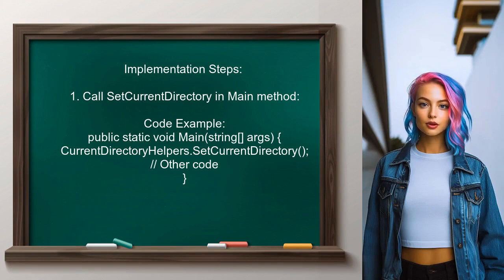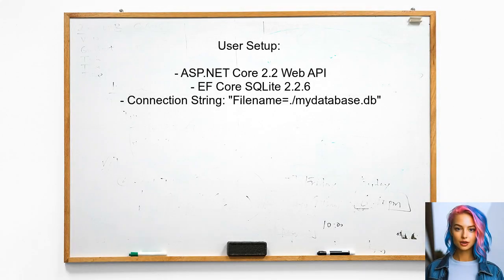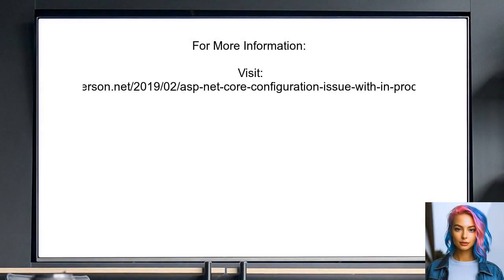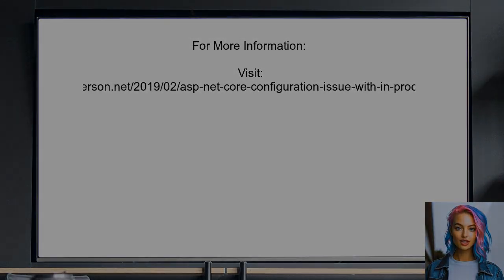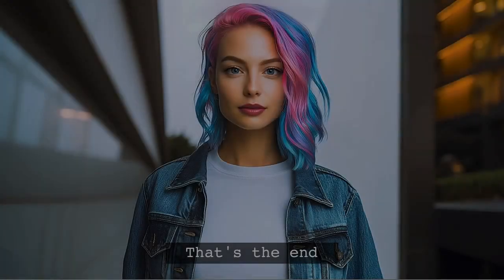This ensures the correct directory is set before any database operations are performed. This user tested this solution with an ASP.NET Core 2.2 Web API and EF Core SQLite using a connection string that points to a local database file. For more details, you can check the original post linked in the description. That's the end of that answer.